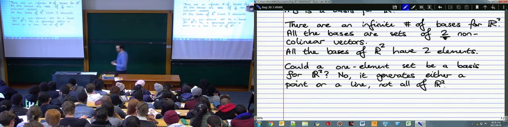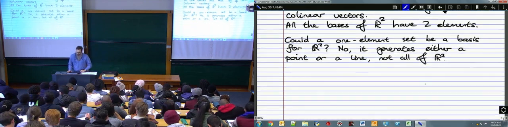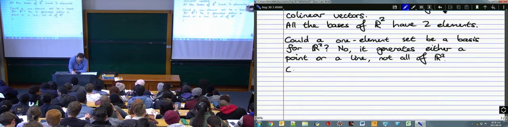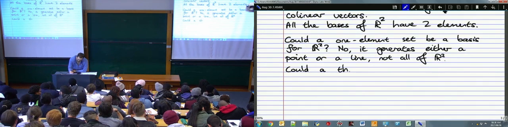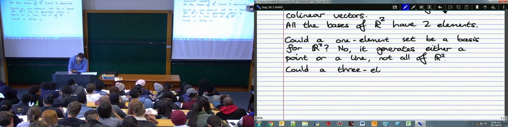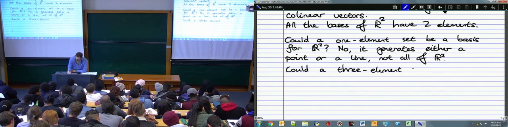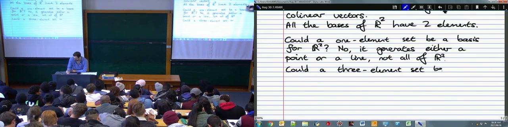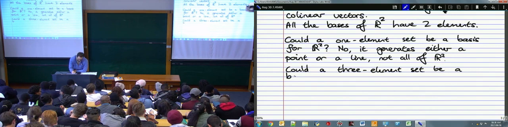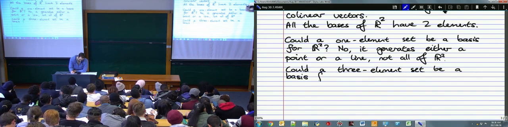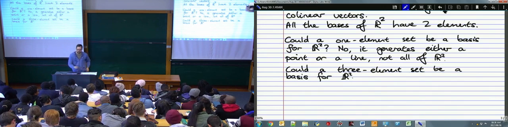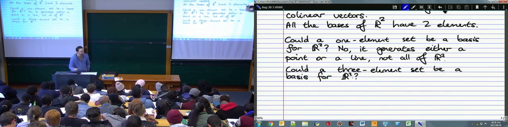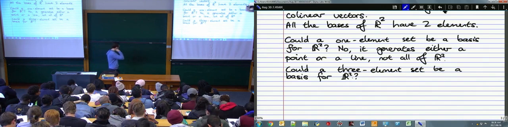What about a three-element set? Could a three-element set be a basis for R2?